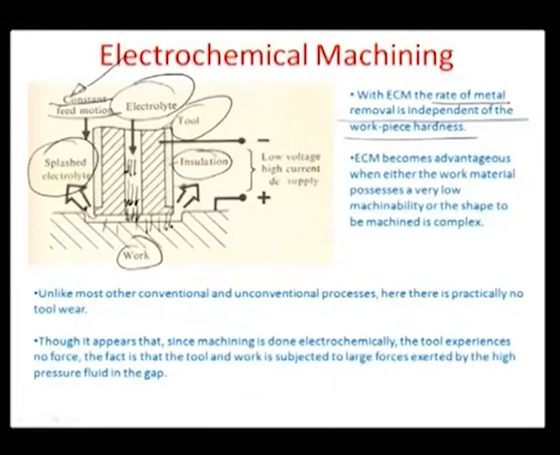So hardness doesn't matter here. Any kind of hardness can be machined amenably, because the basic principle is dissolution because of ions coming out of the surface. So it becomes advantageous when either the work material possesses very low machinability, or the shape to be machined is complex. So this I have emphasized greatly in the last slide.